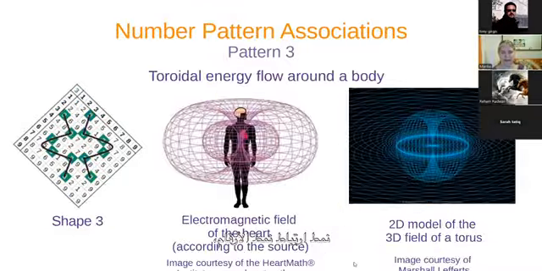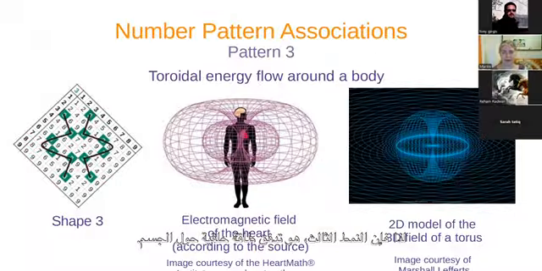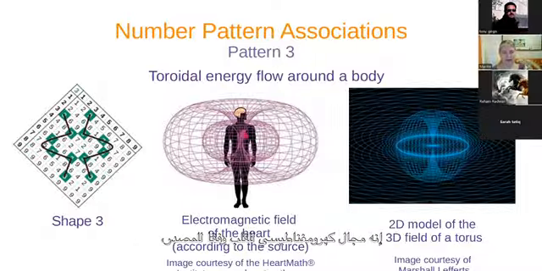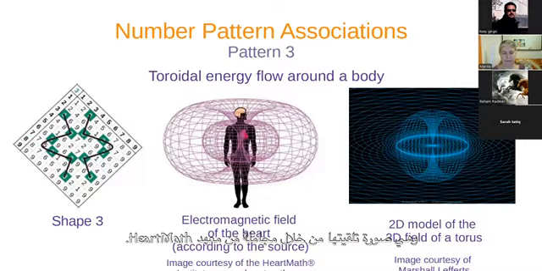The number pattern association for pattern 3 is a toroidal energy flow around a body. It's the electromagnetic field of the heart according to the source. This is an image that I received courtesy of the HeartMath Institute.